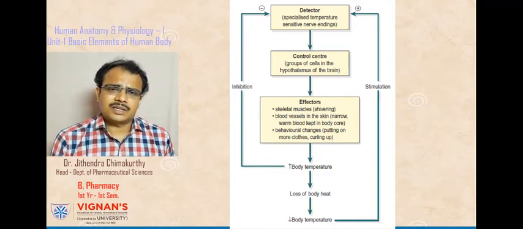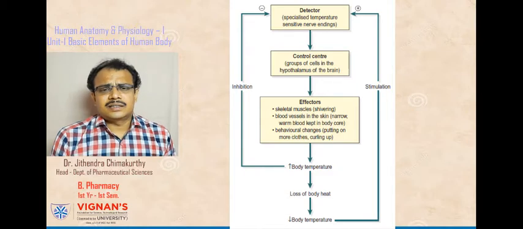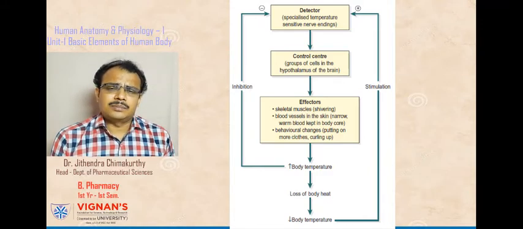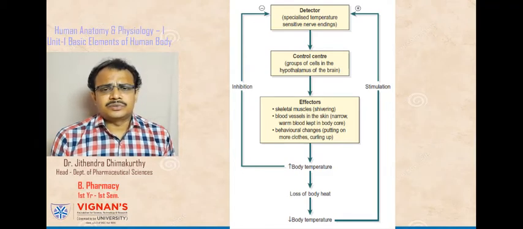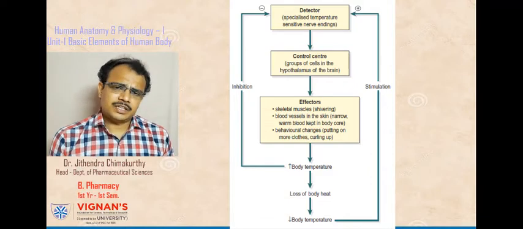And this hypothalamus, or the control center, will send signals to the effector organs, and the effector organs in this case are the muscles, leading to excessive stimulation of muscles and shivering.